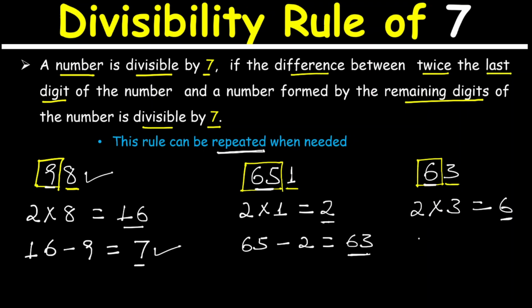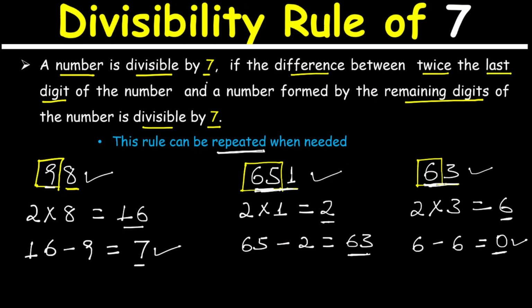Therefore, 6 minus 6 equals 0. We know that 0 is divisible by 7 because 0 divided by 7 is 0 and its remainder is also 0. Therefore, since 0 is divisible by 7, the number 63 is also divisible by 7. Since 63 is divisible by 7, the original number 651 is also divisible by 7.